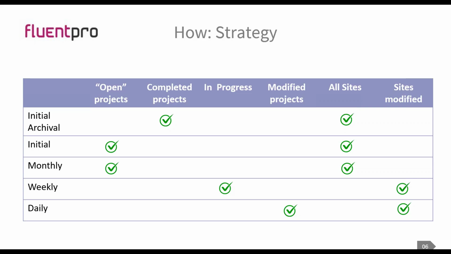For example, maybe you don't need to backup open projects or backup all the projects every day. Maybe weekly backup just completed projects or projects in progress, and daily backup everything that was changed during the last 24 hours. So you can configure all those different schedules to make sure that you have full coverage of your reports, that all your data is protected.